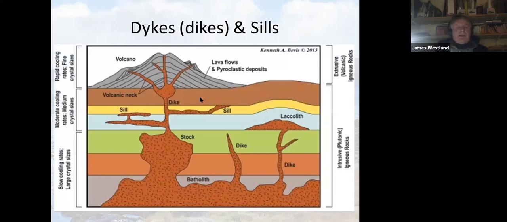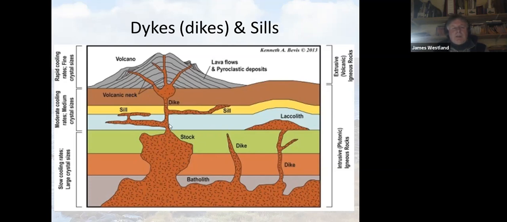Here's a good wee diagram showing you what volcanic activity looks like at the surface and underneath. You've got a big body of magma underneath, and that can pour out at the surface as a volcano. It can also get intruded into the rocks underneath in these various ways. And the rocks underneath the surface are what are called intrusive igneous rocks.